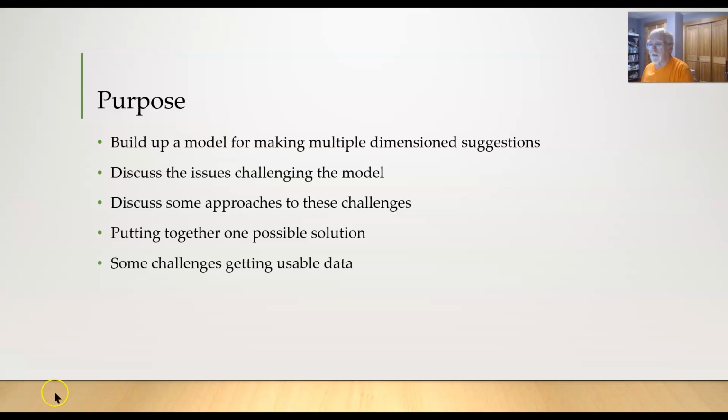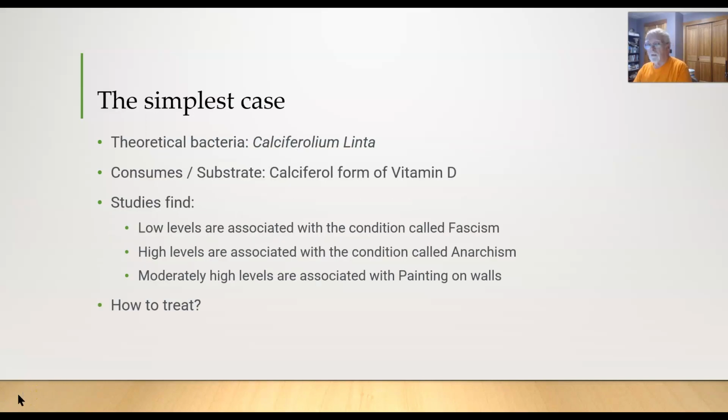So let's continue onwards. Let's look at a fictitious case to simply make it easier to understand what the issues are, rather than getting sidetracked into, wait a minute, something about this bacteria, that bacteria, and getting into nitpicking. Suppose we have a theoretical bacteria called Clostridium lenta.